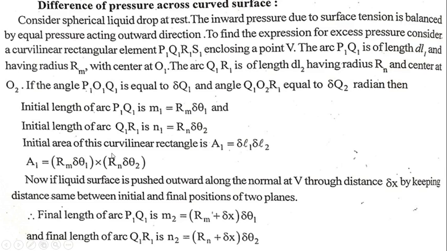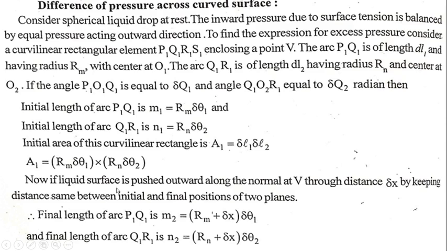Now the initial area of this curvilinear rectangle is A1 equal to delta L1 delta L2, and A1 equal to Rm delta theta 1 into Rn delta theta 2.